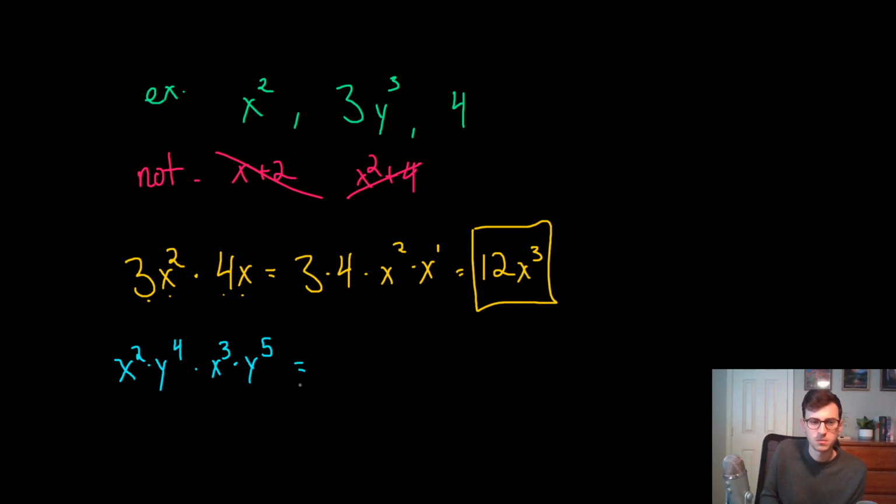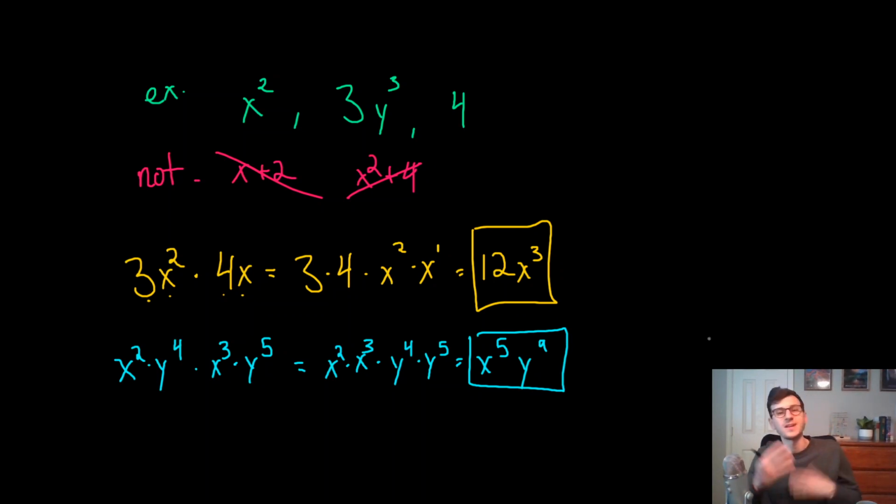What would that be? Well, x squared times x cubed, I multiply my like terms, and y to the 4th times y to the 5th. 2 plus 3 is 5. 4 plus 5 is 9. And that would be my final answer.